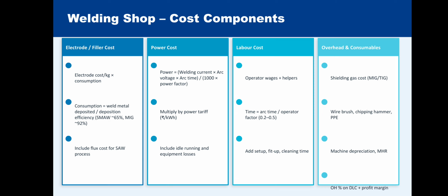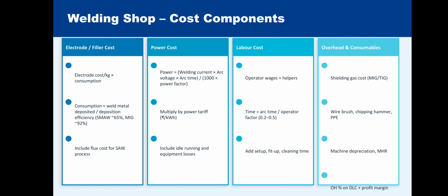So we can find out all the power cost, labor cost, overhead, and different types of costs included in the different cost estimation processes. Electrode cost per kg into consumption is the electrode or filler cost.